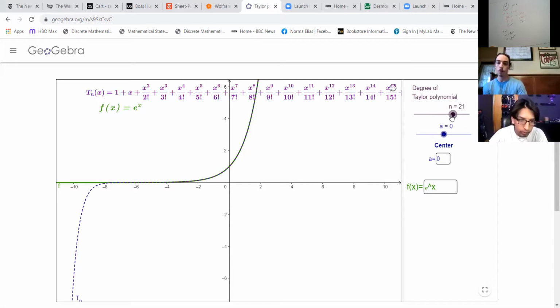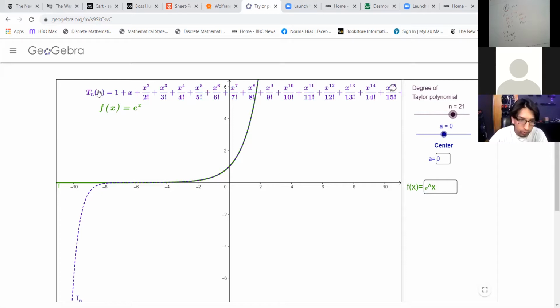So what this suggests is the following. If I take the series whose partial sums are those Taylor polynomials, this series is going to approximate the exponential function very well.